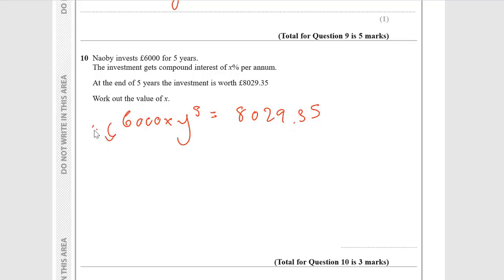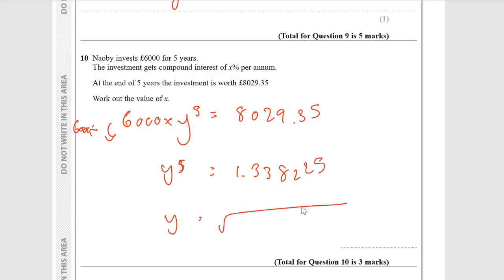Divide by 6,000 to get Y to the power of 5, and here we get 1.338225. So Y is going to be the 5th root of 1.338225, which will give us 1.05999.